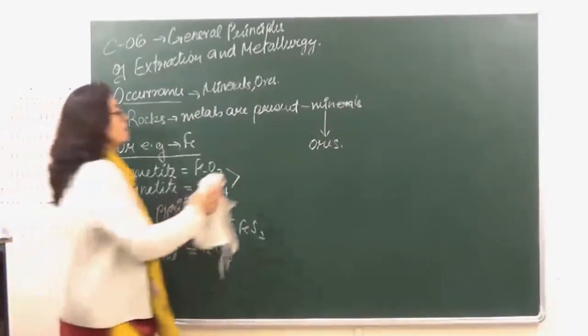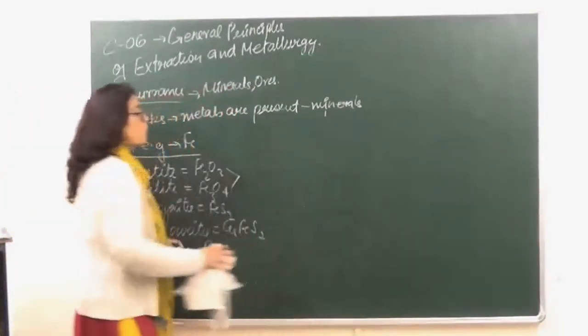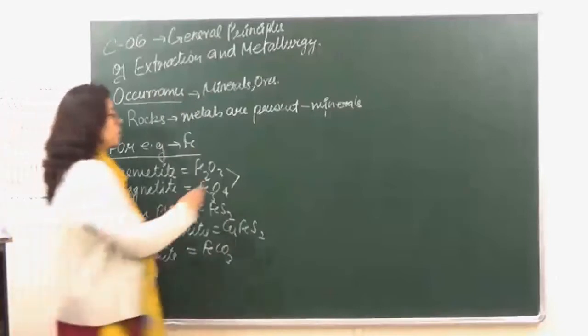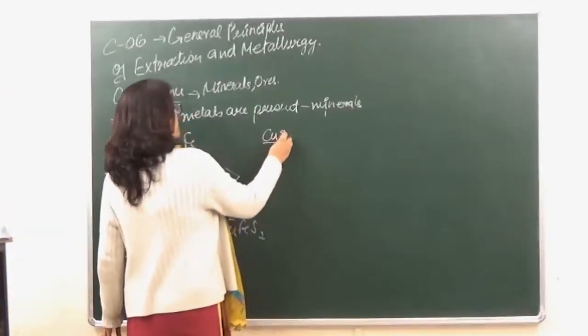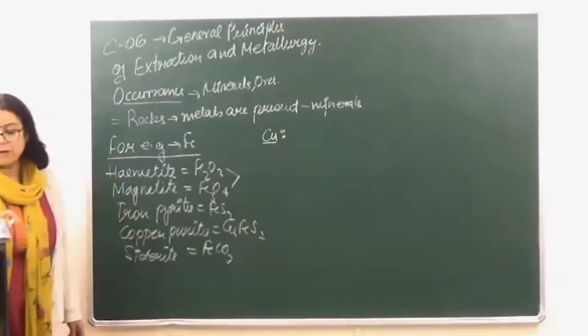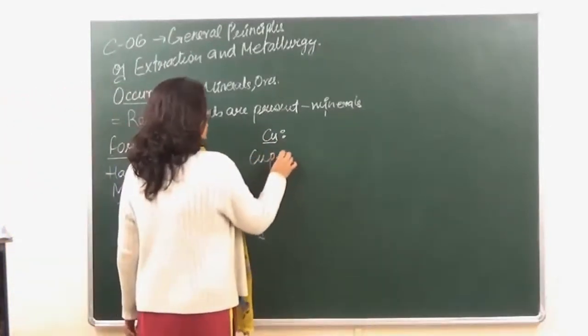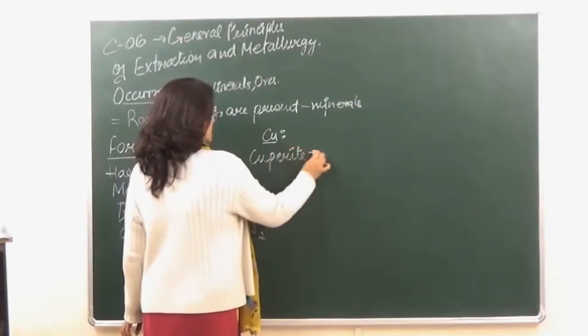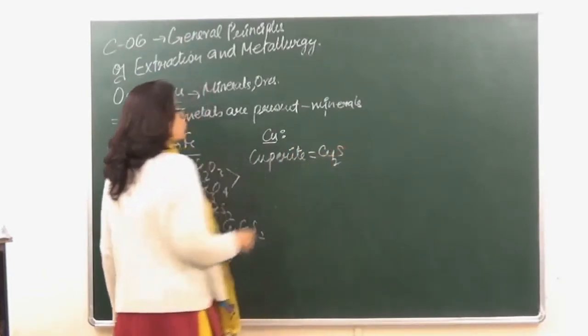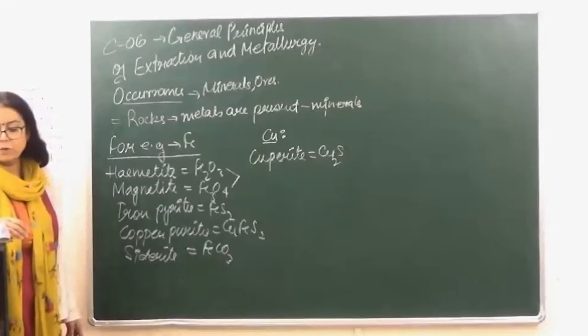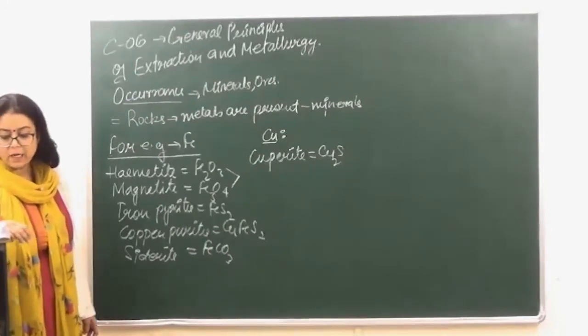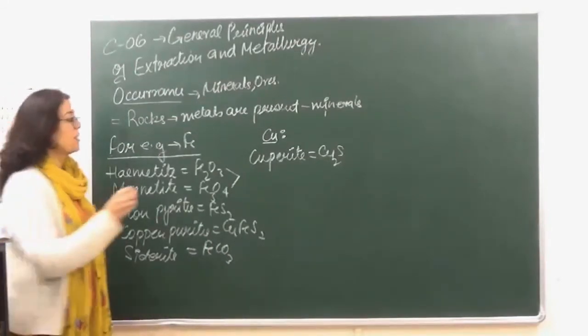Similarly, we have minerals of copper. Copper के कौन-कौन से minerals हैं? The first one, that is cuprite. Sorry, cuprite is Cu2O.